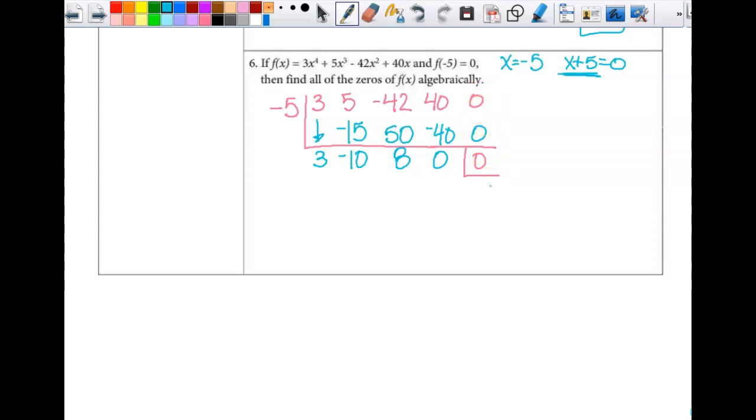So then I'm going to write out this part like my answer. So f of x equals, now there's 4 terms here, which means that this is an x cubed function. So this is 3x cubed minus 10x squared plus 8x. And then I don't have a constant term again. Now, I'm supposed to find all of my zeros.